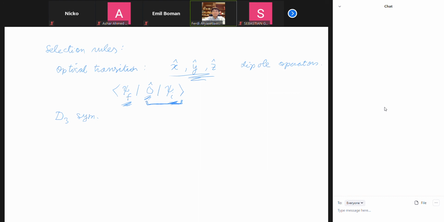The dipole operators, which are vector operators, we have seen before in the example that we did previously, break up into the representations T2 and T3. You can go back and look at the example.